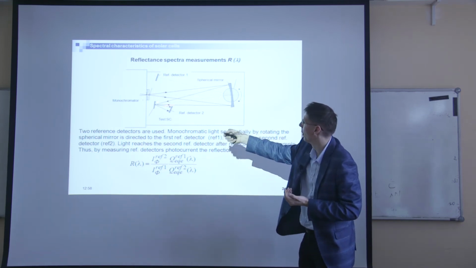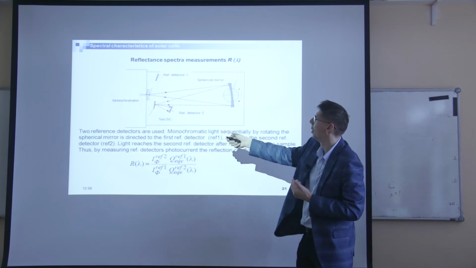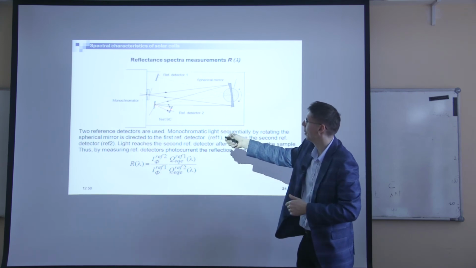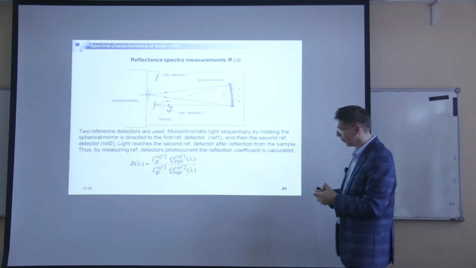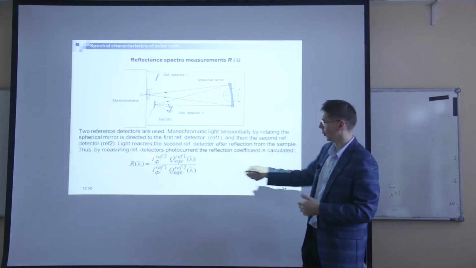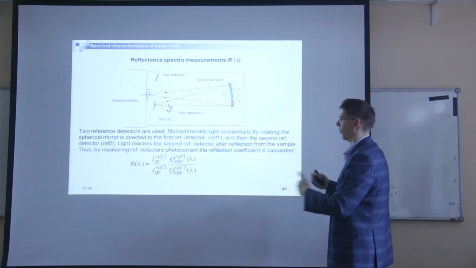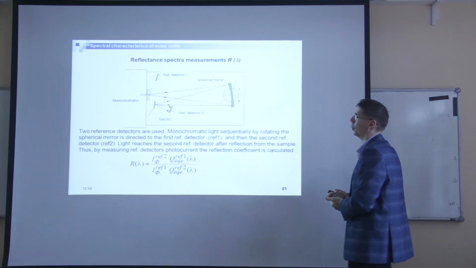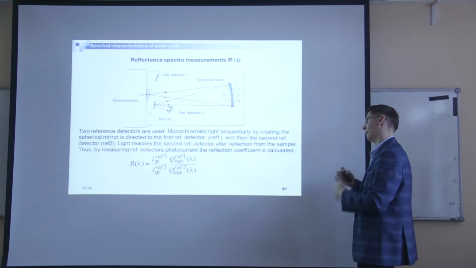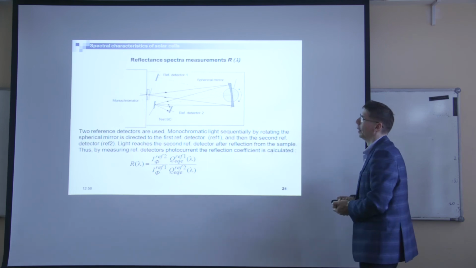So you put the light on the surface of the solar cell and measure the reflected signal. Then you calculate the ratio between the two signals.